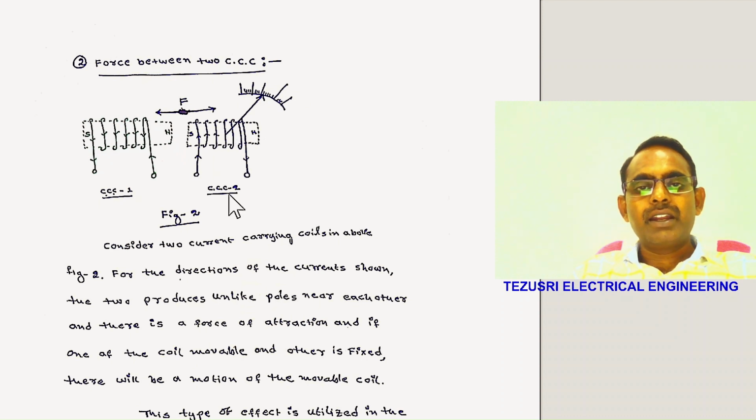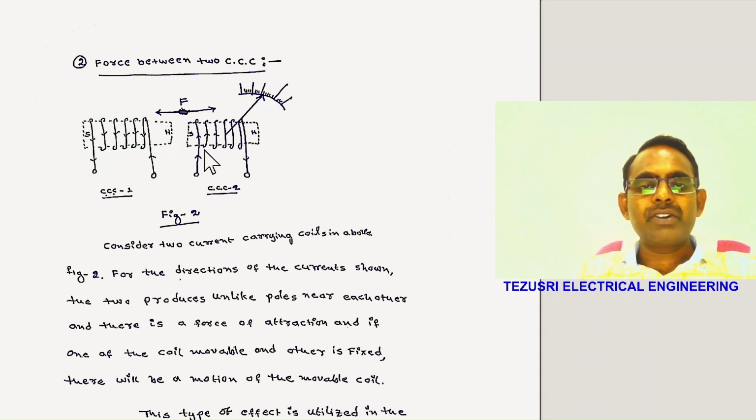Next, current carrying conductor 2. When current flows through it, it also produces an imaginary bar magnet, and this coil is movable and arranged with a pointer on the scale, and this imaginary bar magnet is placed near the first coil.